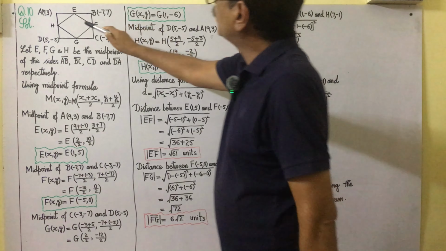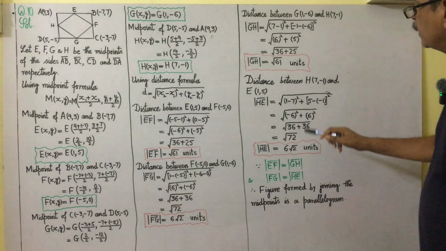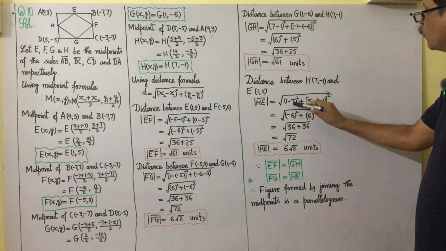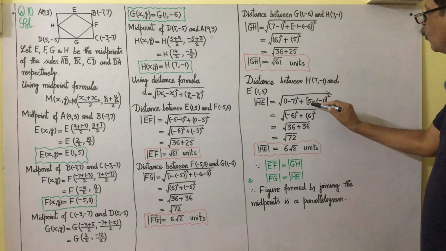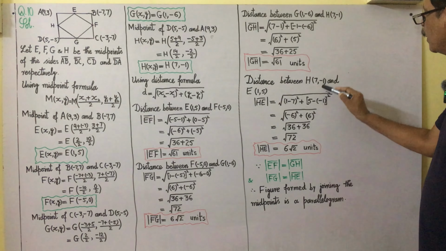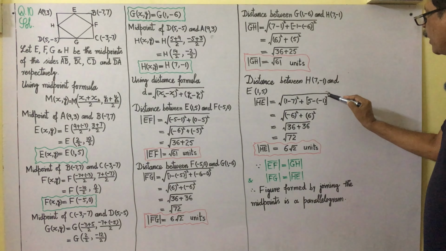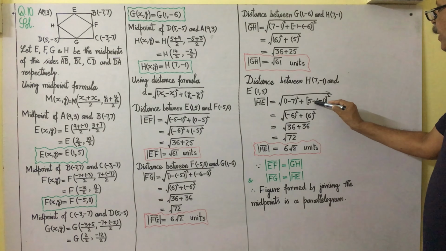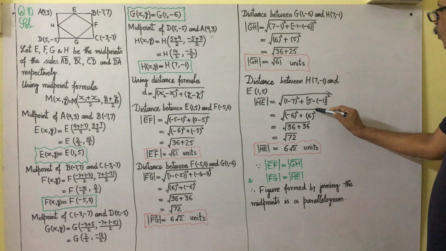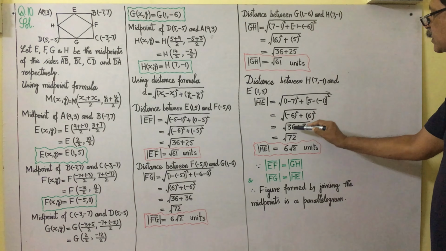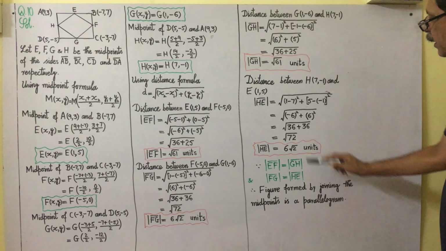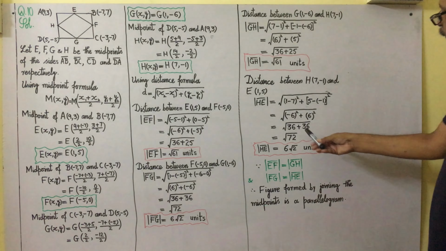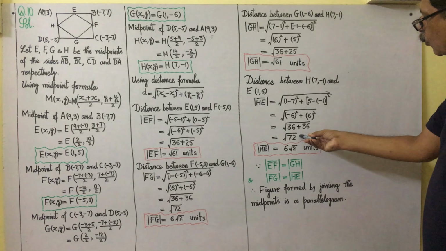Now we find the distance between H and E. (x2 minus x1) whole squared plus (y2 minus y1) squared: (1 minus 7) squared plus (5 plus 1) squared. 1 minus 7 is -6 squared, minus into minus is plus, 5 plus 1 is 6 squared. -6 squared is 36 plus 6 squared is 36, 36 plus 36 is 72, under the square root. 72 can be written as 36 into 2.